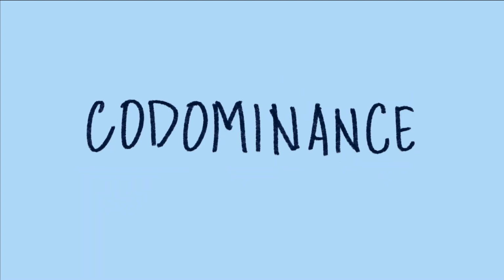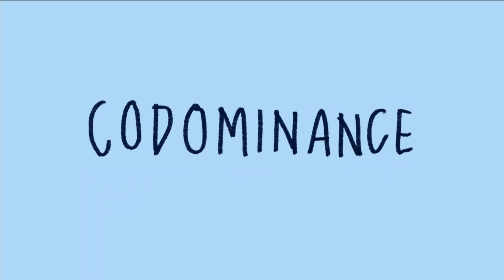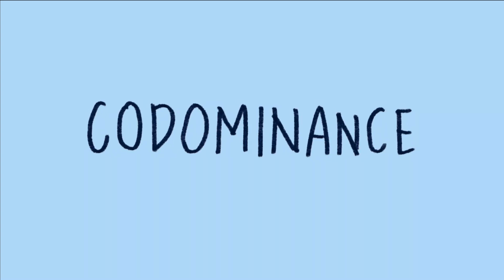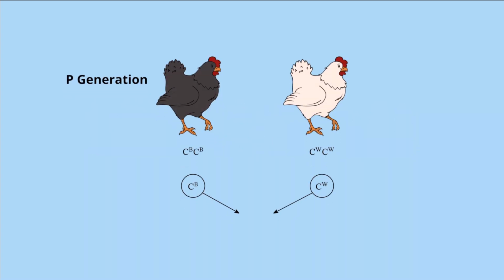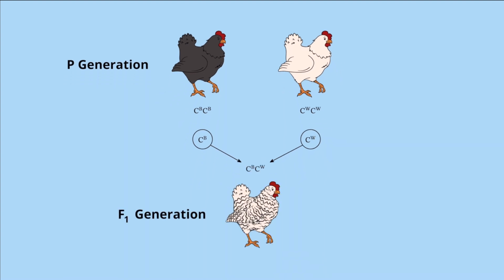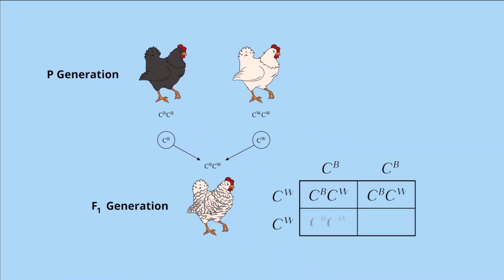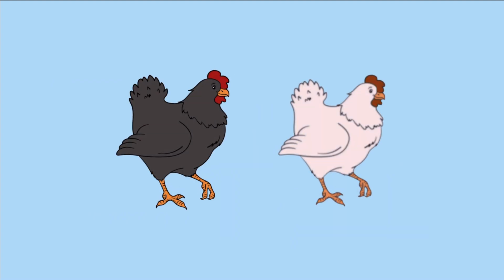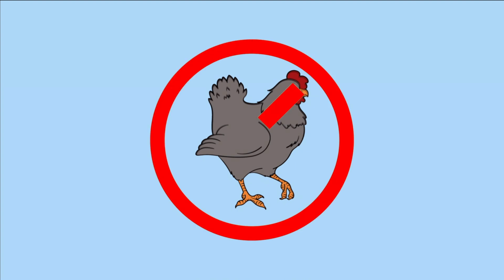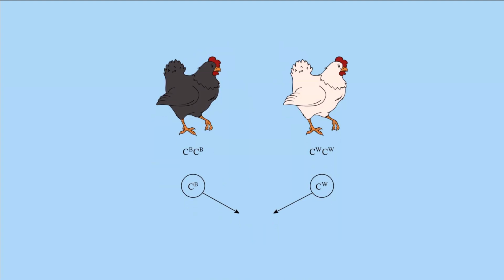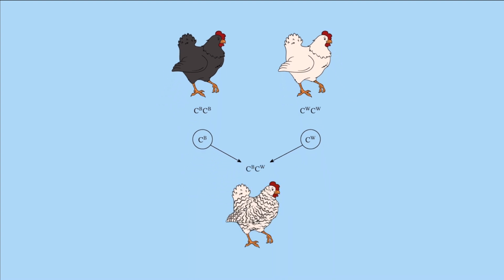Let's have another example to easily visualize and understand codominance. Take a look at a cross between a black chicken and a white chicken. In the F1 generation, all offspring have black and white speckled feathers. The resulting phenotype is not the intermediate or the blend of the black and white phenotypes. Rather, both phenotypes are exhibited by the heterozygotes.